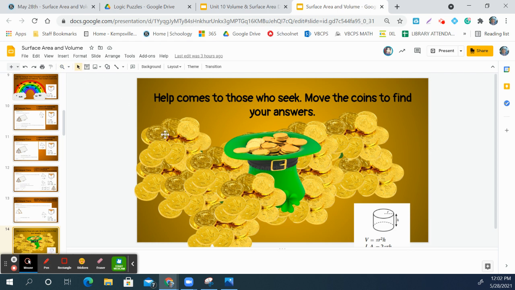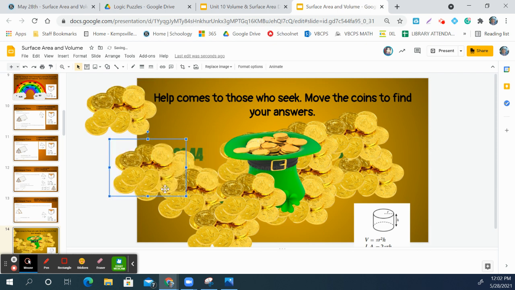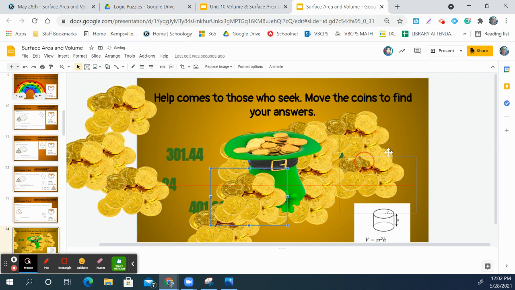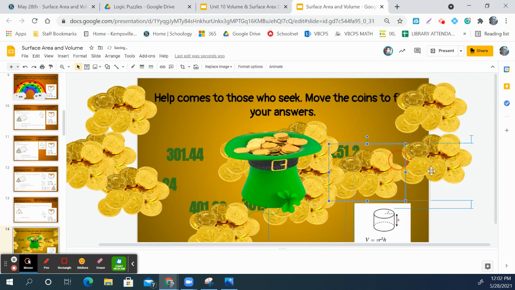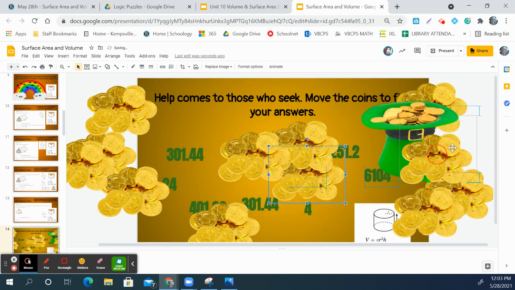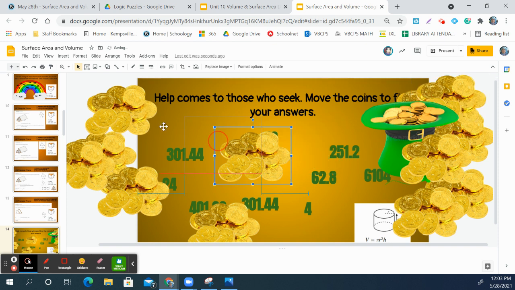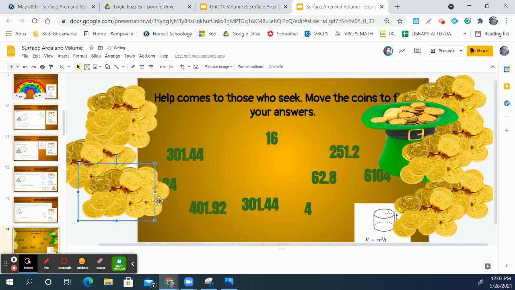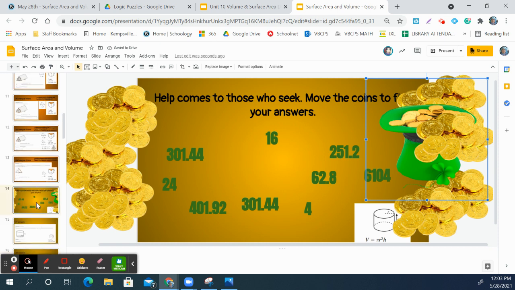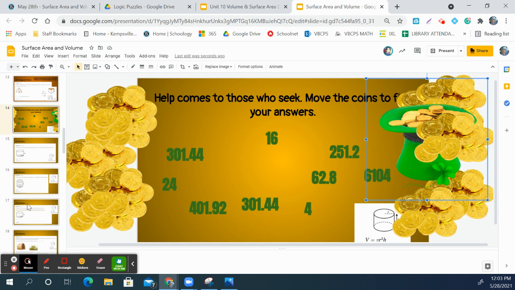Your answers for the cylinders are underneath these coins. I don't know why I felt like I needed to hide them. I want you to do as many as you can.